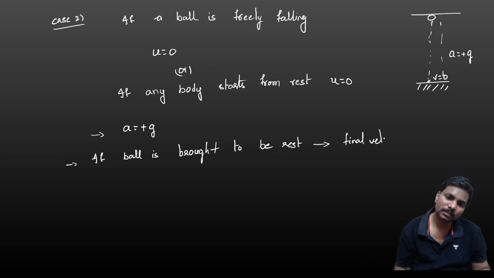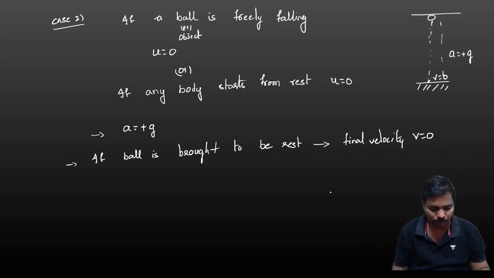The final velocity v is equal to 0. Why? Because whenever it reaches the bottom, after that it is not moving at all. So for a ball or any object, the final velocity is equal to 0. Note down all these points.